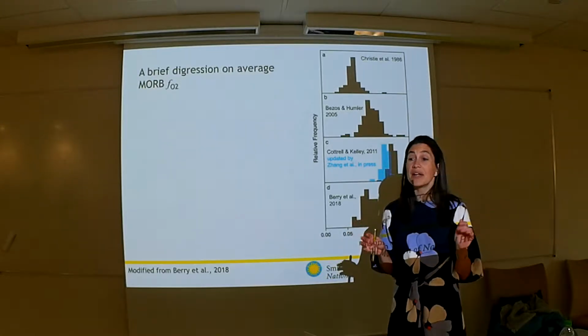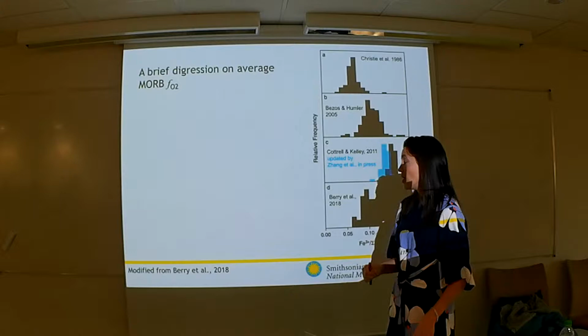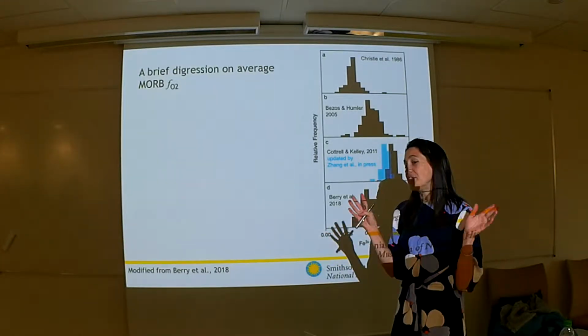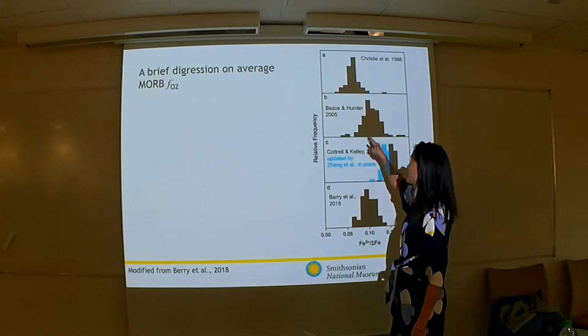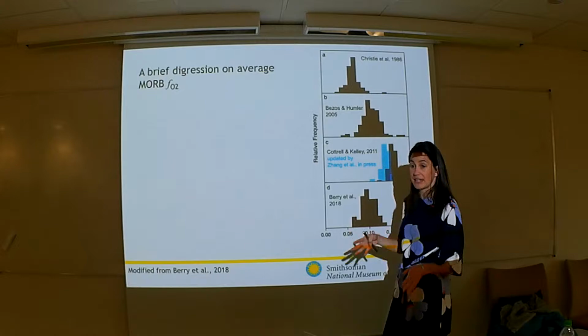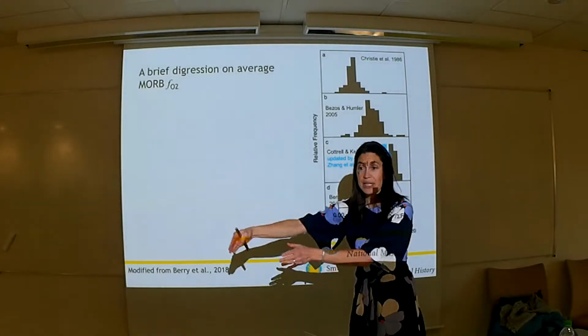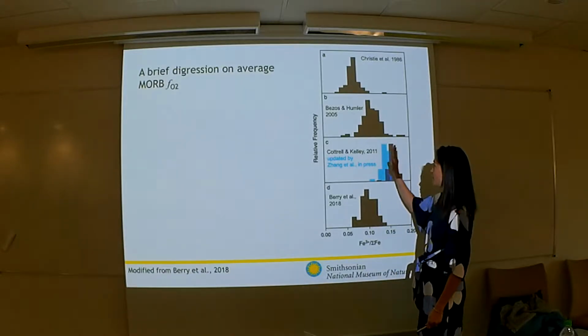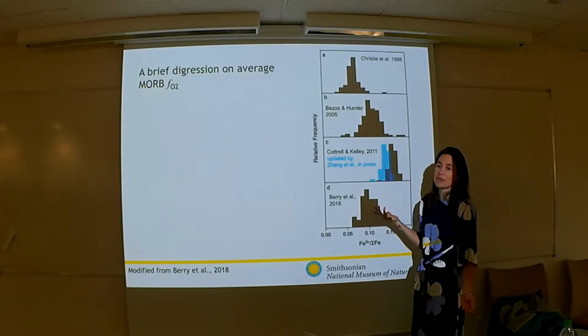But for the point... From the same location? It's global. It's a global compilation. 42 basalts. Some are the same. These three studies, actually all four of these studies have some samples that we've all measured. But in fact, there's a lot in common between this study and this study because all their samples are from Smithsonian.